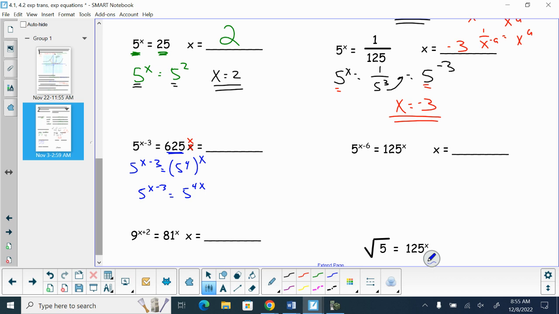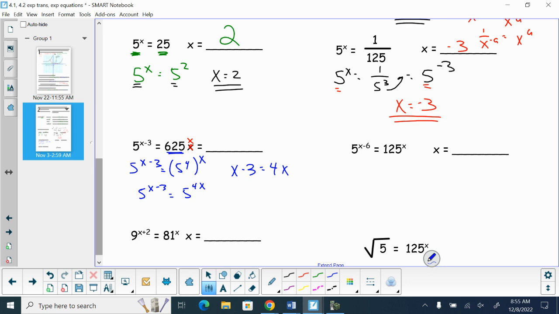Exponent rules. I have like bases here. If I have like bases and I have equality, that means my exponents must be equal. So x minus 3 has to equal 4x. If bases are equal and I have equality there, the exponents must be equal.